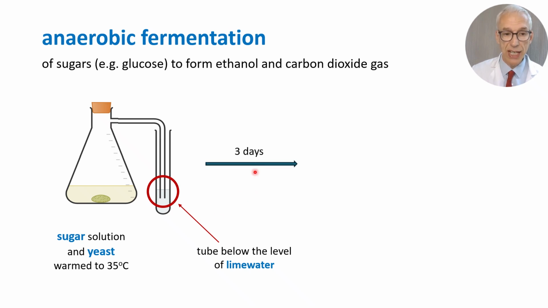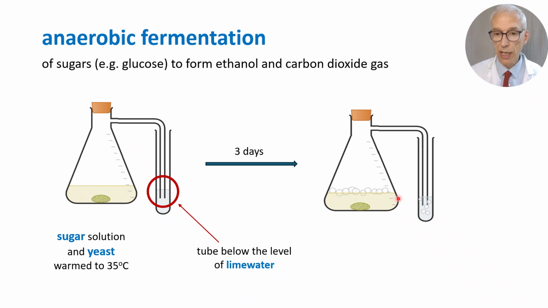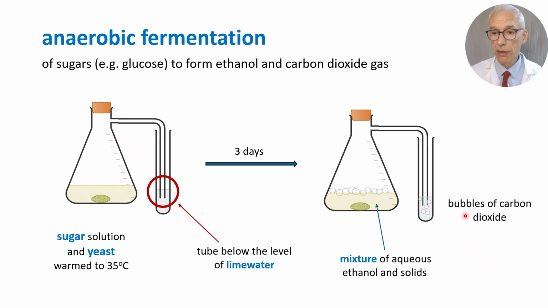If we leave that for 3 days at 35 Celsius, you'll find that there's a fairly frothy mixture of bubbles on the top of the reaction mixture, and there's been bubbling through the lime water. Those, of course, are bubbles of carbon dioxide, and lime water and bubbles of carbon dioxide turns milky white. In the conical flask, we're left with a mixture of aqueous ethanol and undissolved solids.